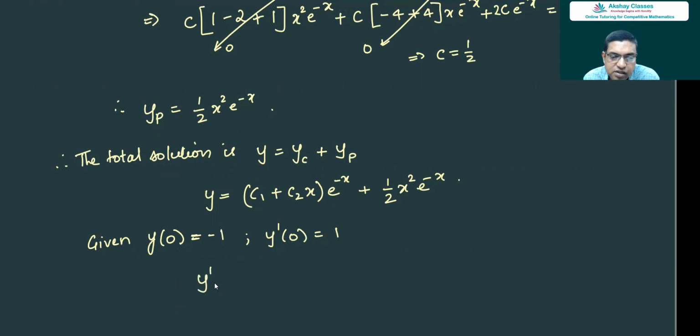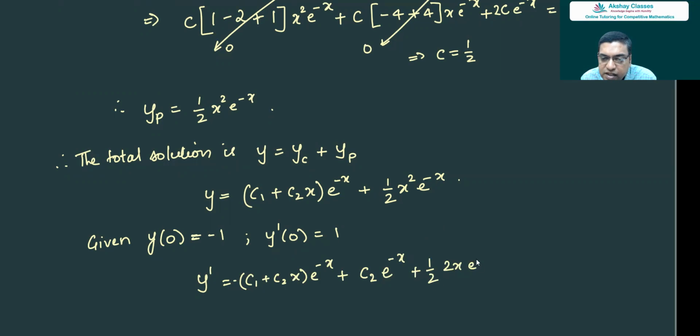So y dash, the derivative of y, is: differentiate this, c1 plus c2 x into e power minus x with a minus sign, plus, keeping e power minus x, differentiating this we get c2 times e power minus x, plus, differentiating this, half into 2x e power minus x plus x square into minus e power minus x.